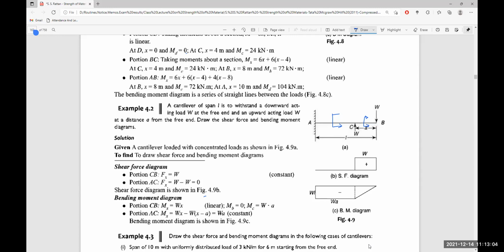In the portion AC, Mx is Wx minus W into (x minus a), which is equal to W into a, a constant. Here x is the distance from the free end. W acts clockwise and the upward load acts anticlockwise, so the moment is constant.